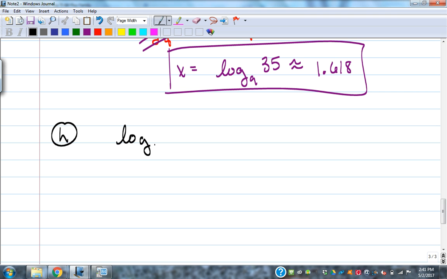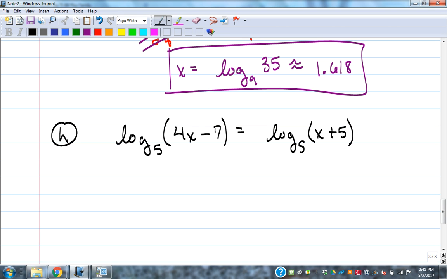Let's say we had log base 5 of 4x minus 7 equals log base 5 of x plus 5. Both of these sides have a log on them, one log on each side. That is the same thing as what we were dealing with when we had the same base on each side.